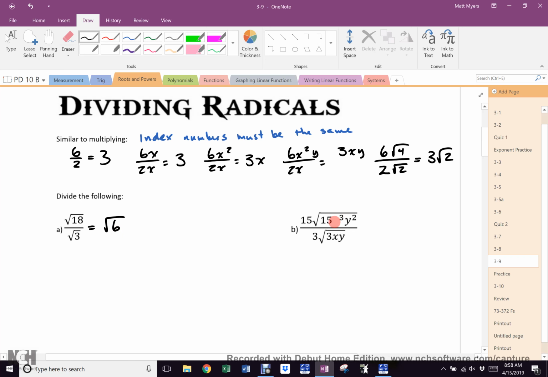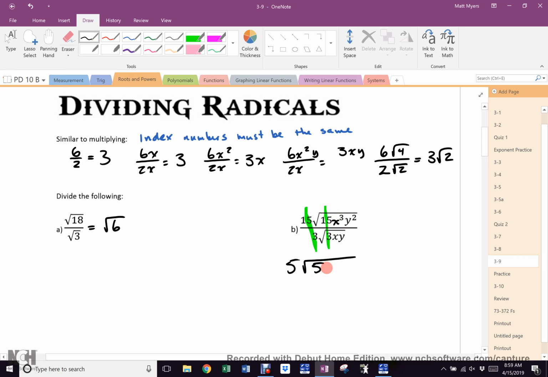I'm not joking. Are you guys missing the x there like I am? Yeah. So put it in. Okay. Logic. Math is logical. It follows patterns. What are you going to do with the 15 and 3? Divide to get what? 5. What are you going to do with x cubed and x?